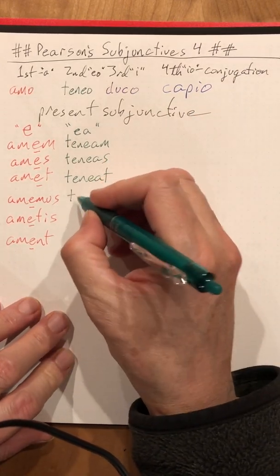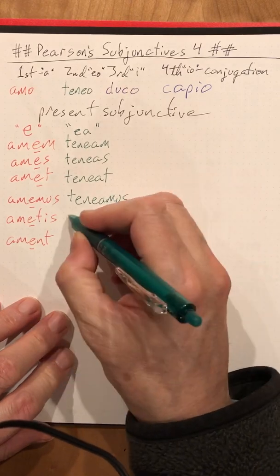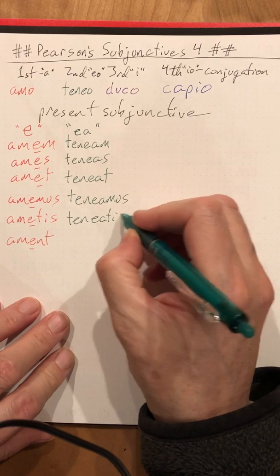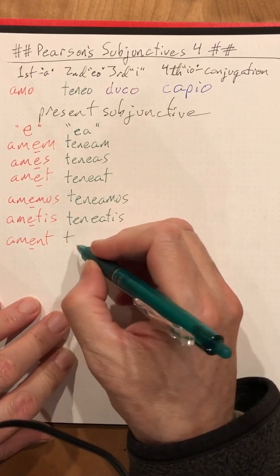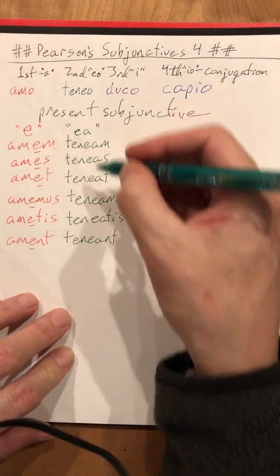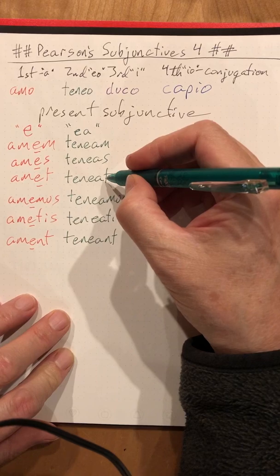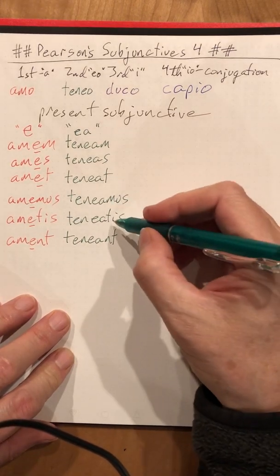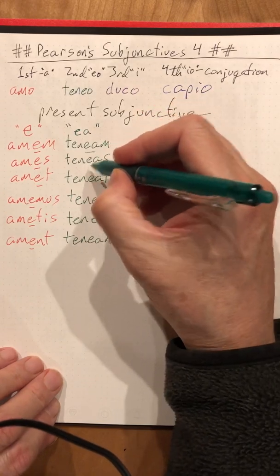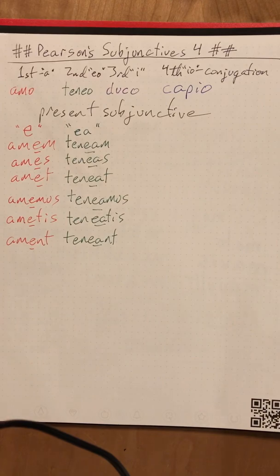So you can guess, yes, teneamus, teneatis, and instead of tenent, teneant. Here's the subjunctive. We used to have teneo, tenes, tenet for the indicative, tenemus, tenetis, tenent. Now for the subjunctive, we have EA as the vowel all the way down.